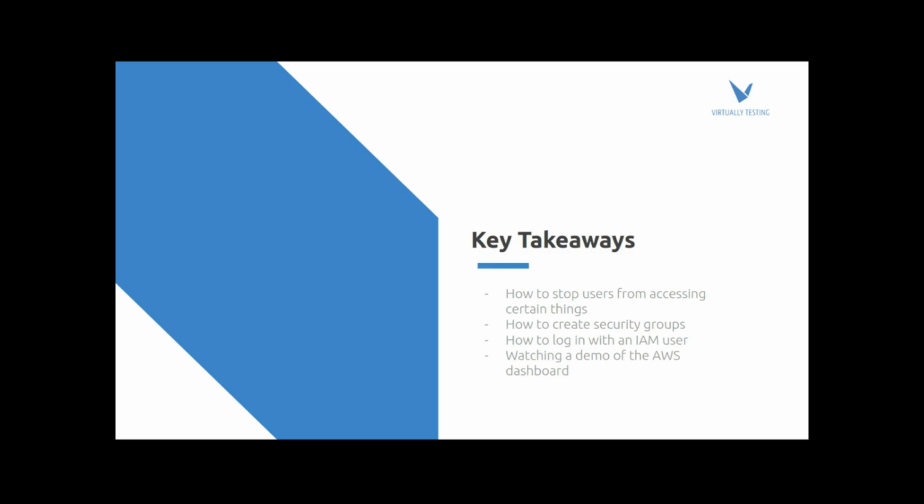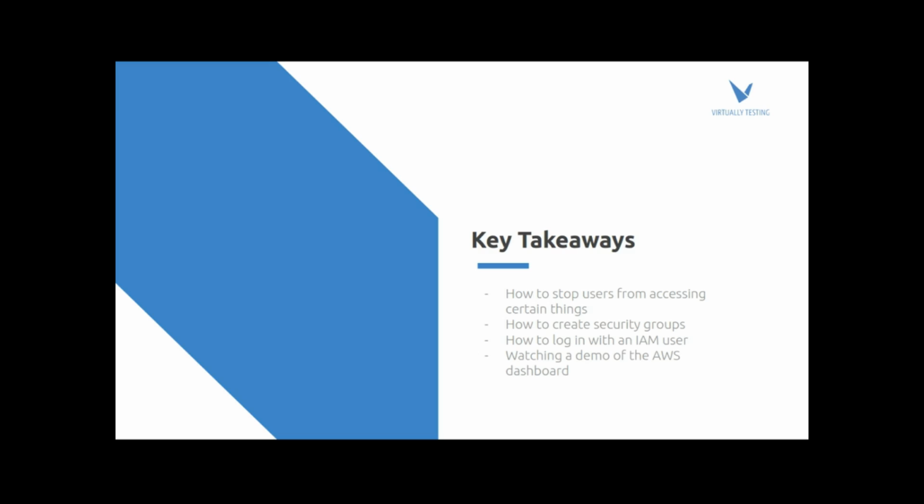From watching this video, I want to go over what you're going to get from it. First of all, you're going to learn how to stop users from accessing certain parts of your infrastructure. You're going to learn about security groups.